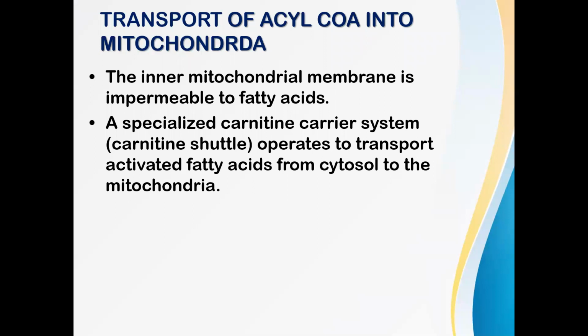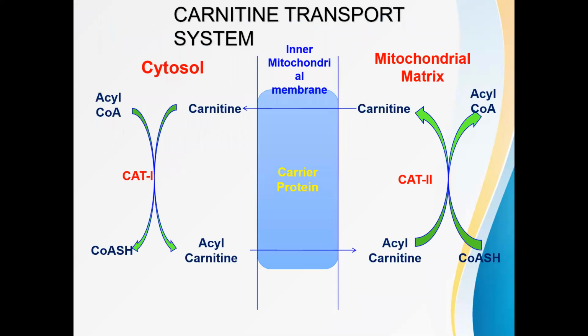So this activated fatty acid needs to be transported from cytosol to mitochondria. So look at this mechanism, how the activated fatty acid, that means the acyl-CoA, gets transported to mitochondria. This partition, whatever is shown here, is the inner mitochondrial membrane.